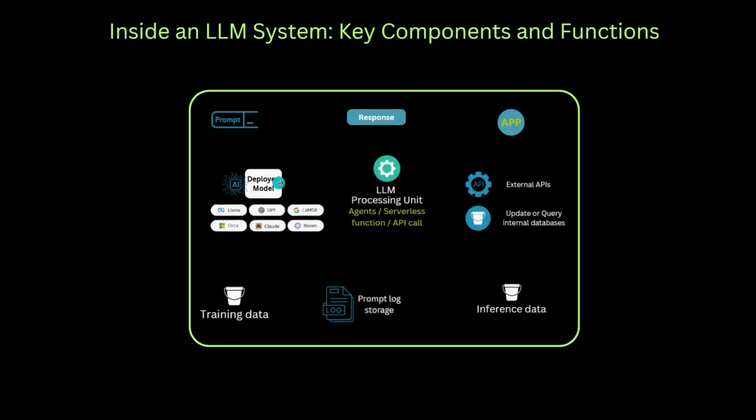The AI model component itself is your ChatGPT, your Llama, or Google LaMDA that you have implemented, which will work in conjunction with the LLM processing unit. The LLM processing unit will also have these subcomponents: agents, serverless functions, and API calls. What is an agent? These are specialized components that will handle specific tasks autonomously.